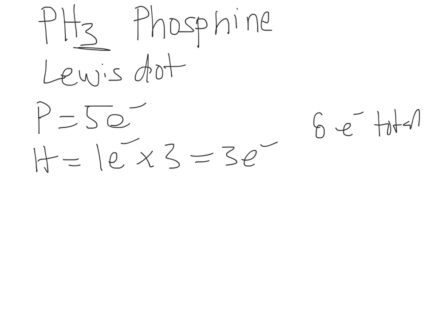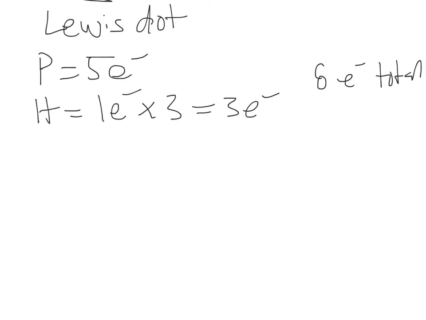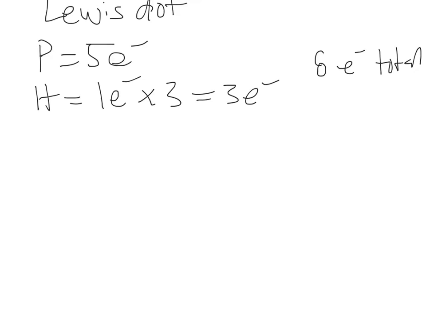So now we are going to draw out a structure, but let me just move this down real quick. We do know that phosphorus is going to be in the center along with 3 single bonded hydrogens and 1 lone pair of electrons to give it the 8 total electrons.